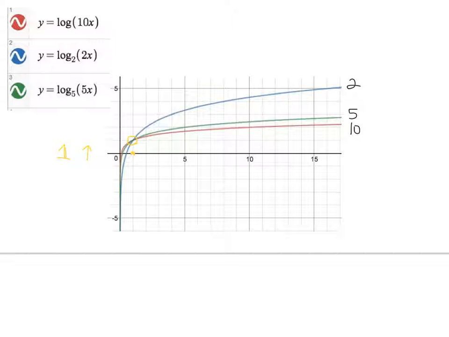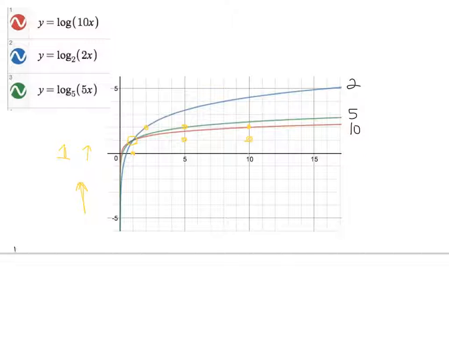Let's see what else we can see. The graph of log base 10 of 10x should go through 10, 1, right? Well, it's now up at 10, 2. The green one should be at 5, 1. It's now up at 5, 2. And the blue one should be at 2, 1. It's now up at 2, 2. It looks like everything was a vertical translation by a plus 1.